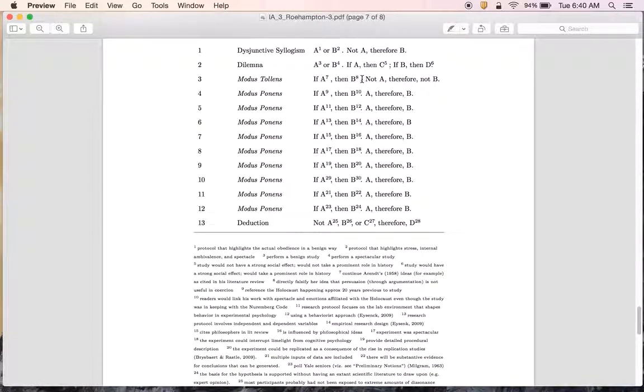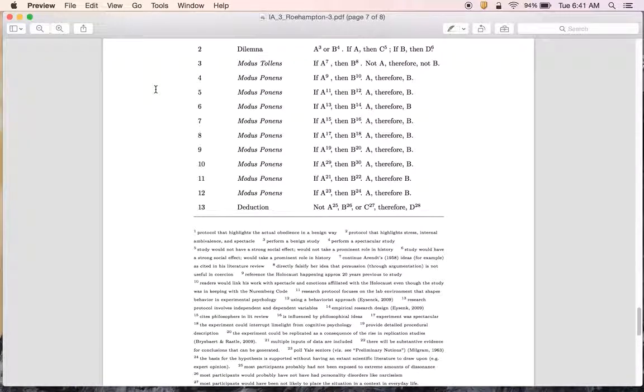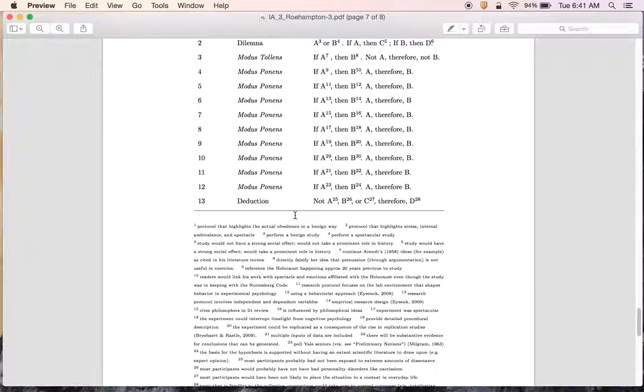Then I use what's called modus tollens, which is the method of taking. So I say you either have this or you have that. If not, it's not A, it's not this, therefore it's that. Okay, so let's look at it. Modus tollens.